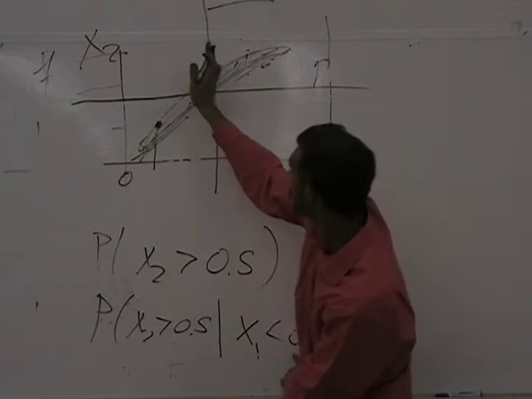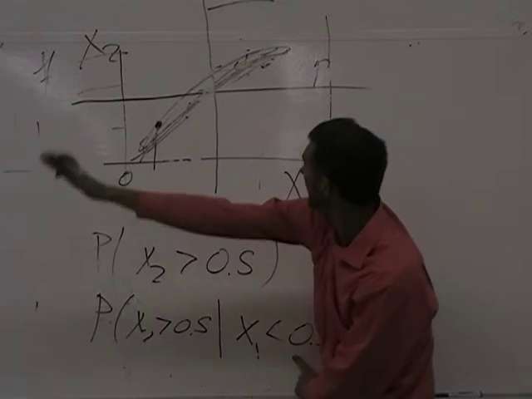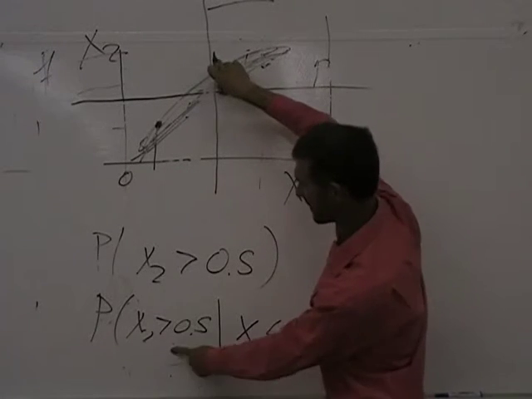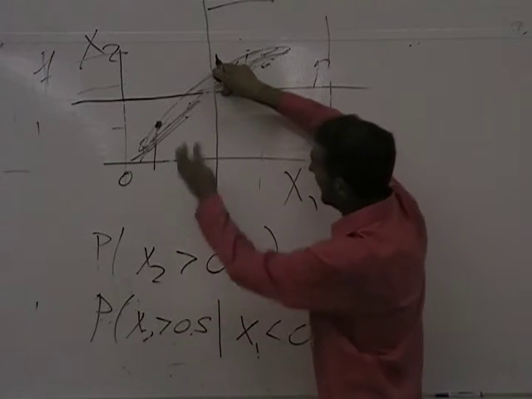In this context, down there, what is the probability of getting a high value?